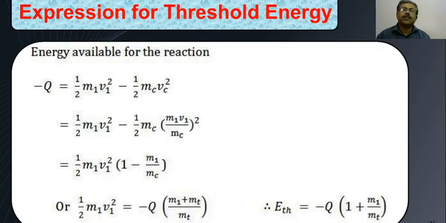Now, what is half m1 v1²? It is nothing but the kinetic energy of the projectile which is initiating a nuclear reaction, which can be termed as threshold energy. Thus, we can see the threshold energy is equal to minus Q into (1 plus m1 by m2). So we notice that m1 and m2 will decide the value of Q and the value of Eth, that is the threshold energy.